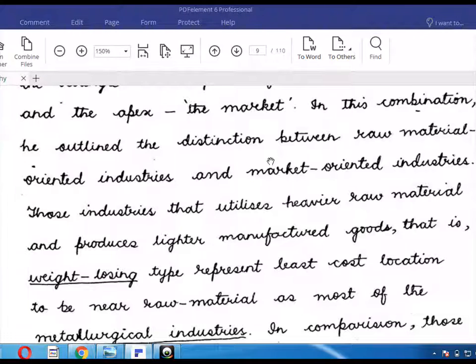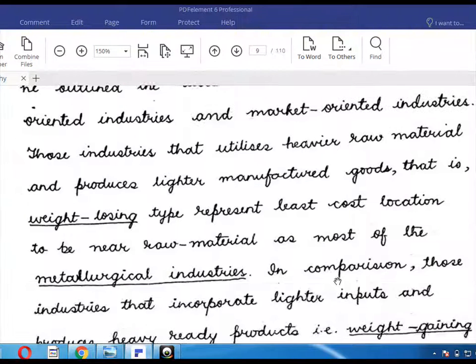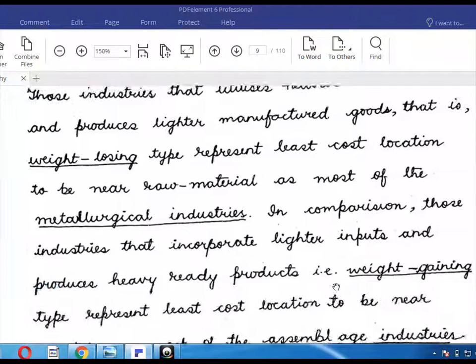Raw material oriented industries are those that utilize heavier raw material and produce lighter manufactured goods. That is the weight losing type, whose least cost location is near raw material, as in most of the metallurgical industries.